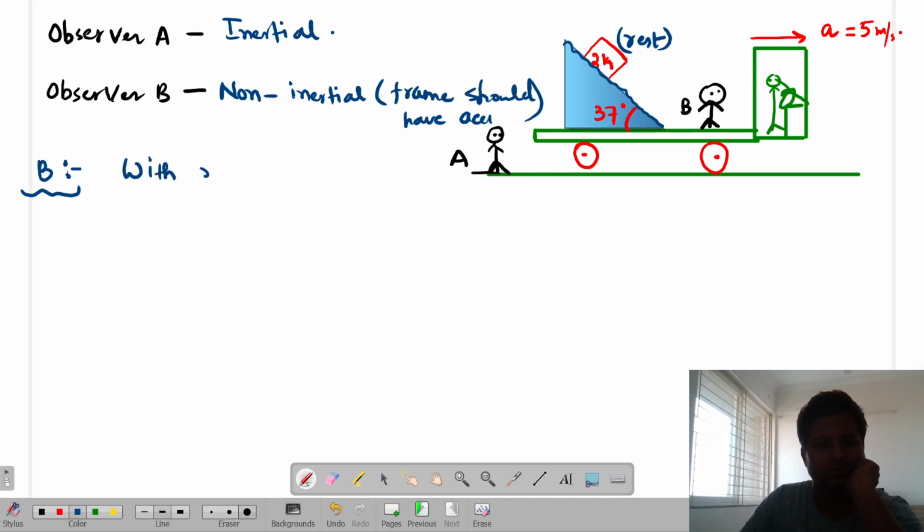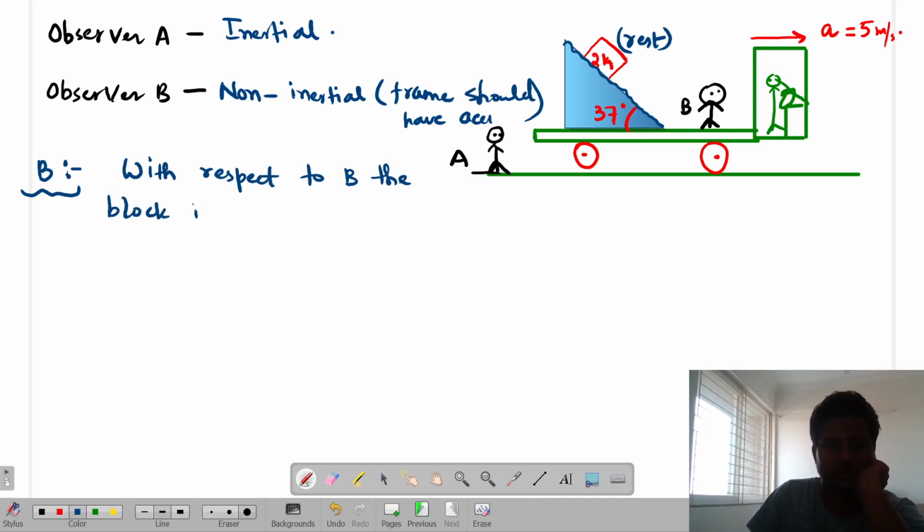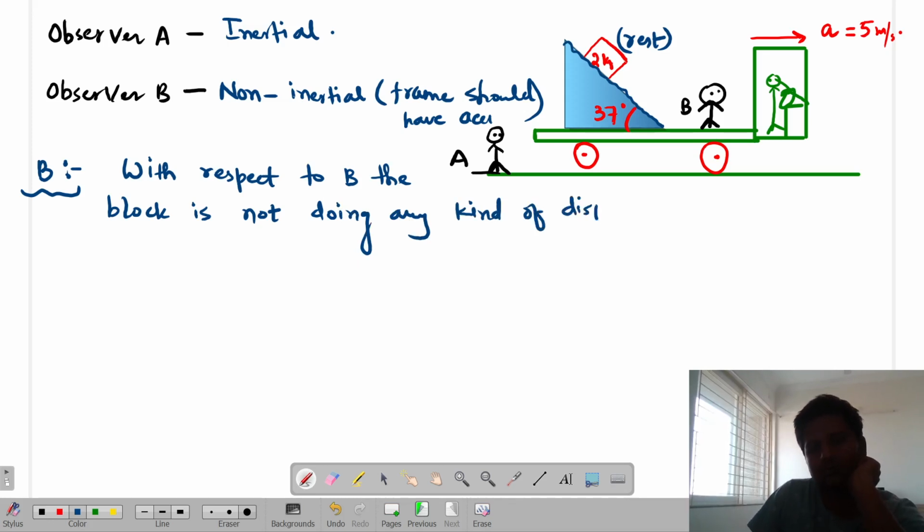With respect to B, the block is not doing any kind of displacement, isn't it?